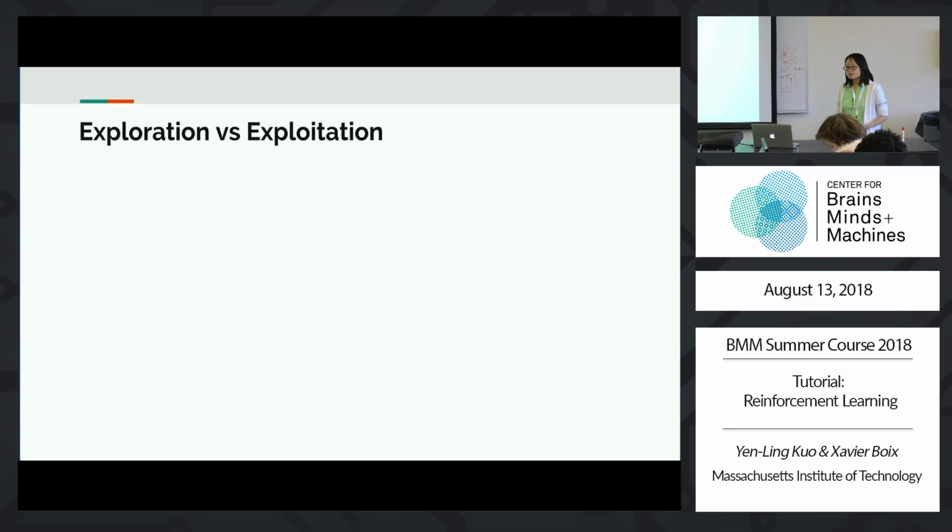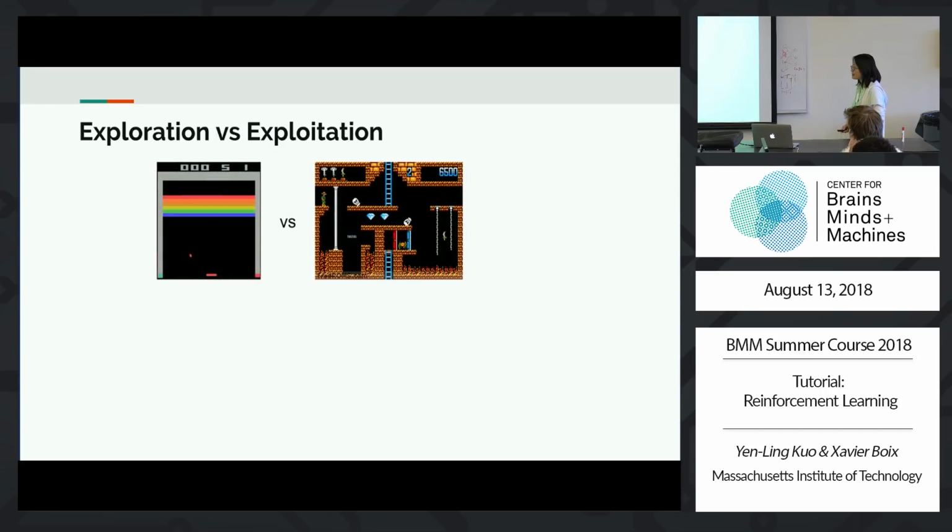And in all these problems, we deal with the exploration and exploitation dilemma. For example, when you have a reinforcement learning agent trying to learn a policy in this game and this game, usually we will say, well, this one is very easy.